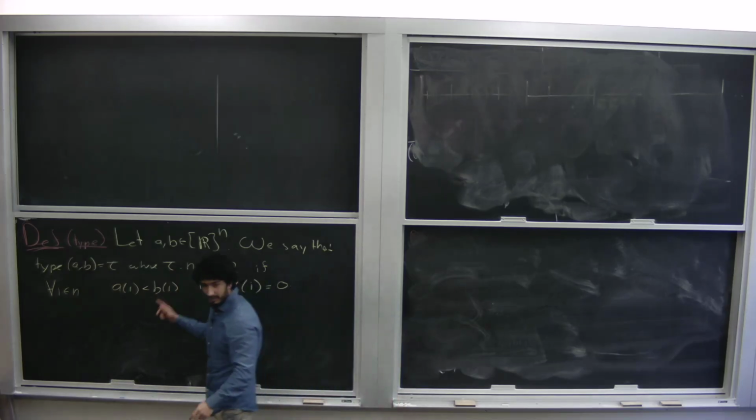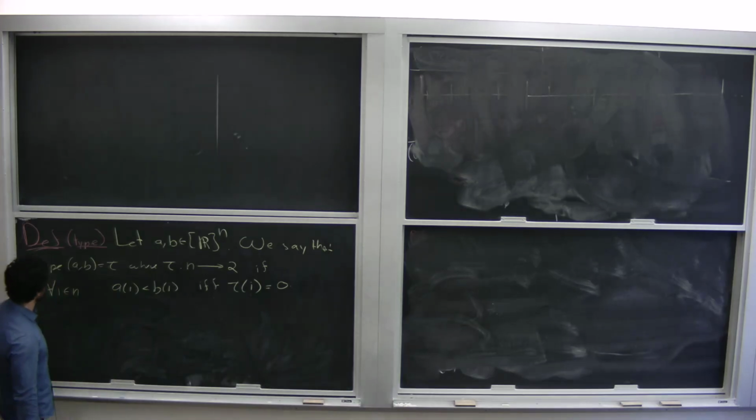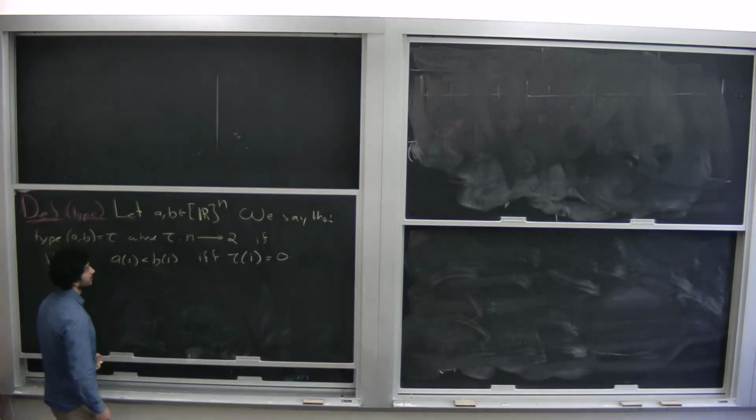And here A_i and B_i is the ith element of A and B with respect to its increasing order.